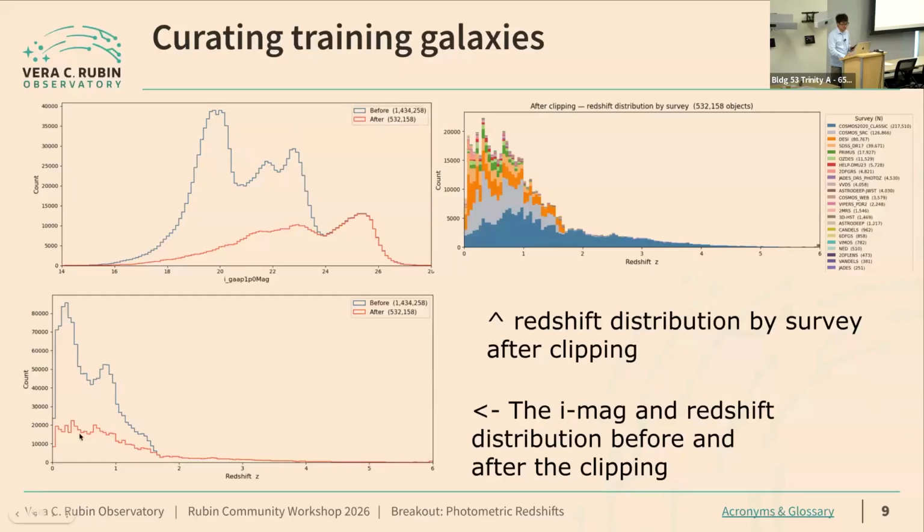And same for redshift space as well. And you can see the composition of this training set by survey, and the majority of these, including high and low redshift, is coming from COSMOS2020, but also a lot of them are coming from the COSMOS spectroscopic sample and the DESI sample, etc.